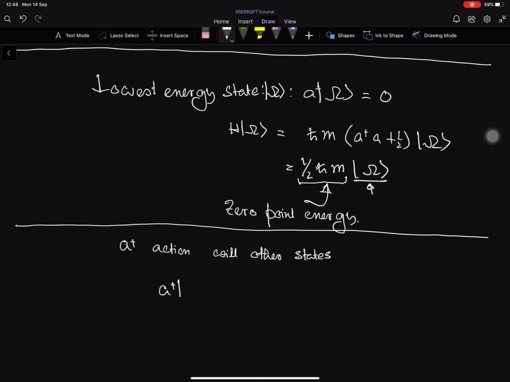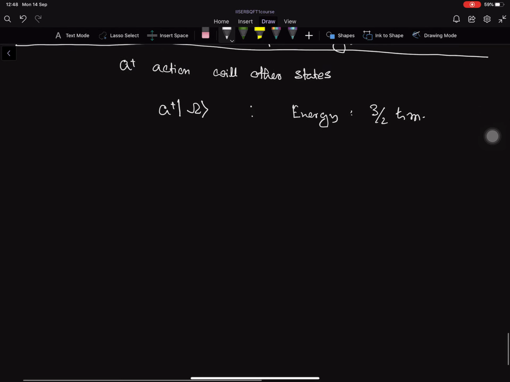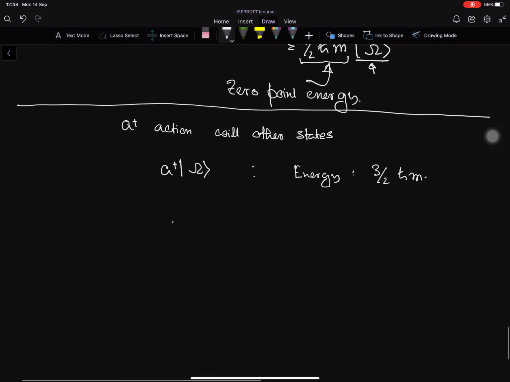Let's say A dagger acts on this, then this has energy 3 by 2 h bar omega. Okay, so in the same way you can show that if you construct A dagger to the power n on the vacuum, then this has energy (n plus half) h bar omega. Okay, check it.